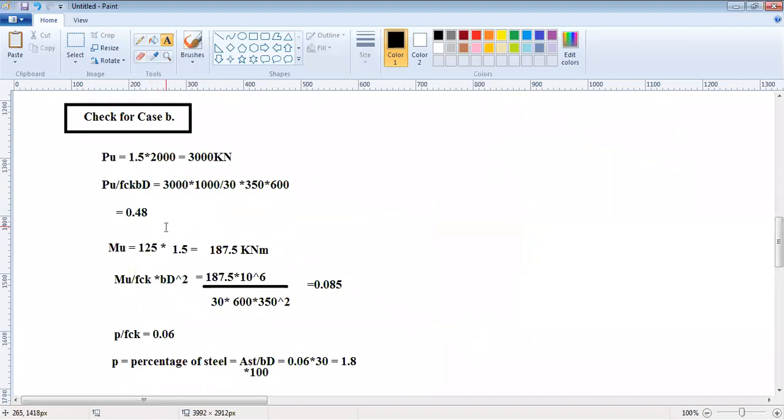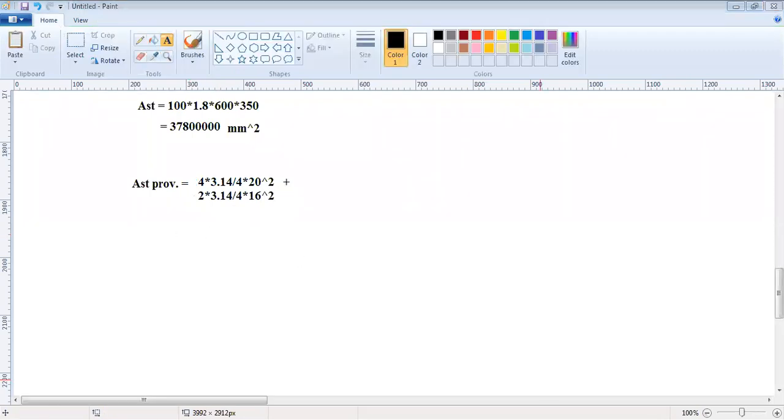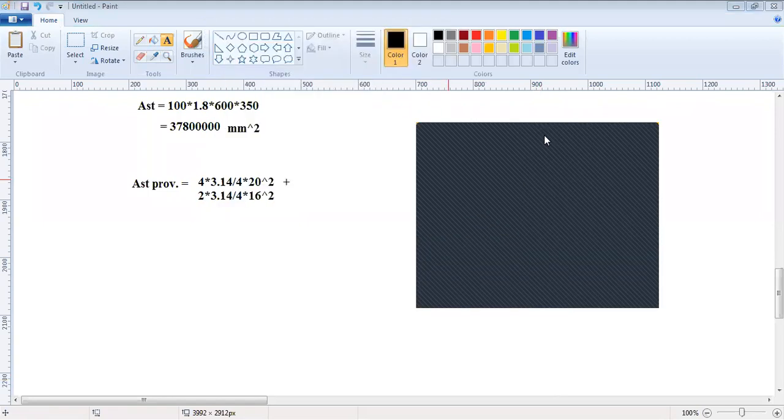The Ast that we provided was 4 into 3.14 divided by 4 into 20 square plus 2 into 3.14 divided by 4 into 16 square, and this was coming out to be 1256.